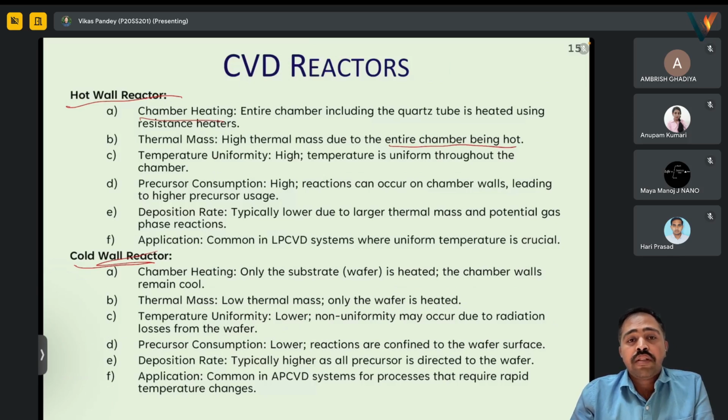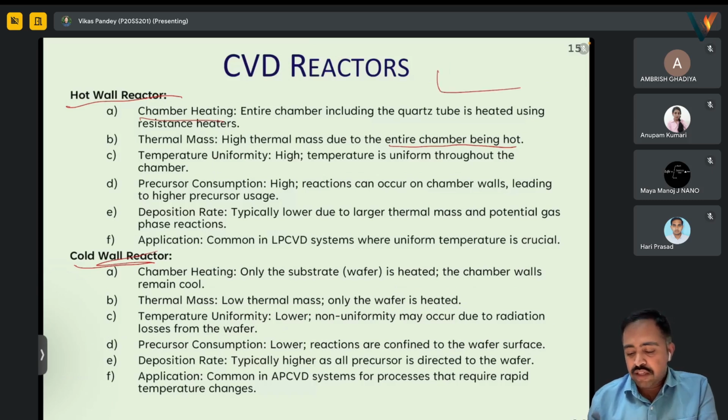The temperature is very high, and that is why we cannot say that it varies across the chamber. Suppose that we have heated this area of the chamber to 700 degrees Celsius. We cannot say that this is 680, this is 710, not like that.